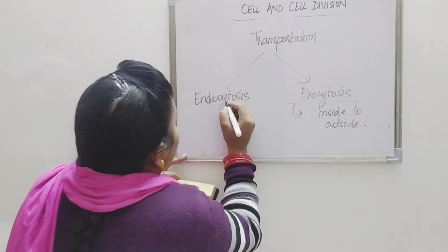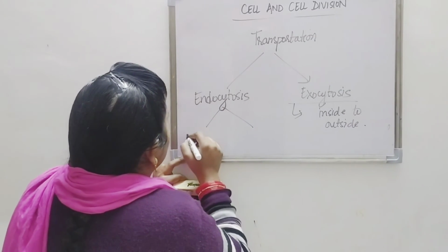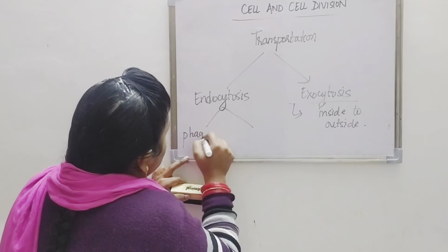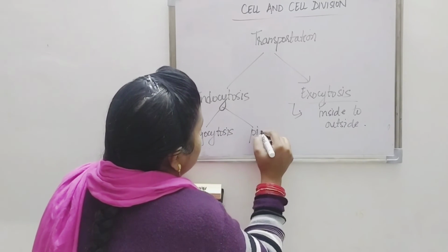As it moves the material from outside to inside, there are two types: phagocytosis and pinocytosis.